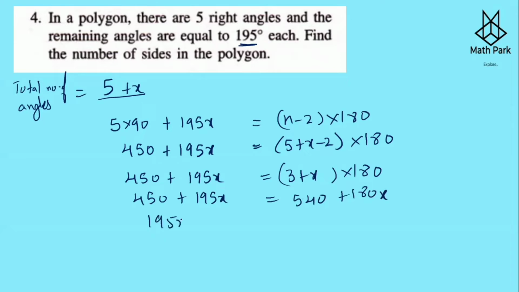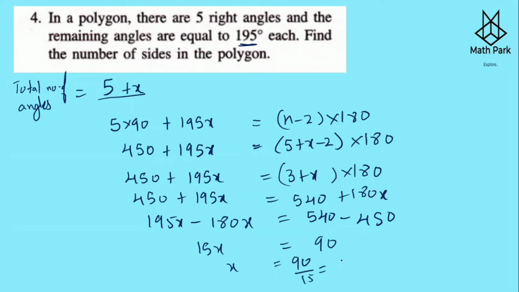So we get 195x minus 180x is equal to 540 minus 450. This 450 comes here with a minus. So 540 minus 450, we get 90. And 195 minus 180 is 15x. So this is how we get 15x is equal to 90. And solving this equation, we get x is equal to 90 upon 15, which is equal to 6.